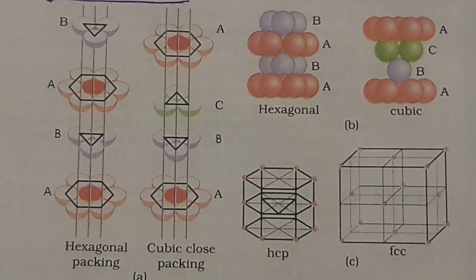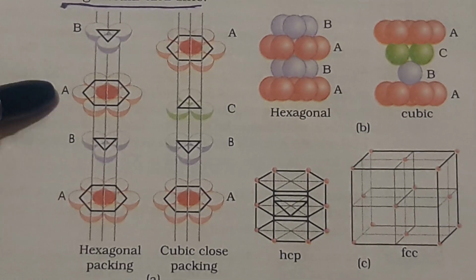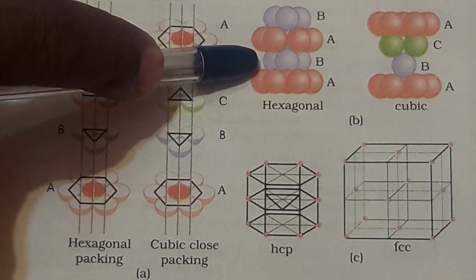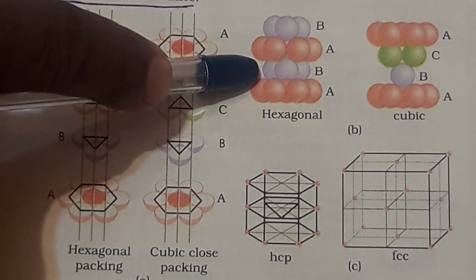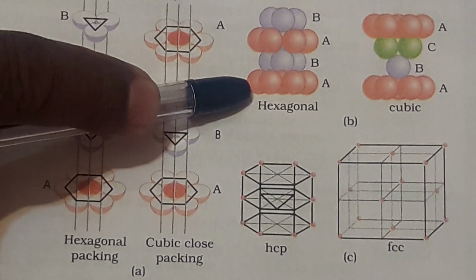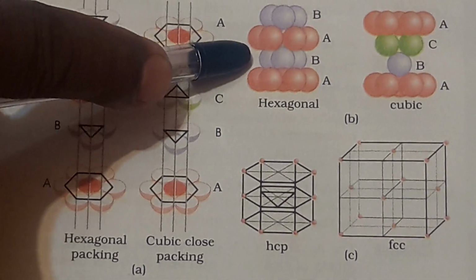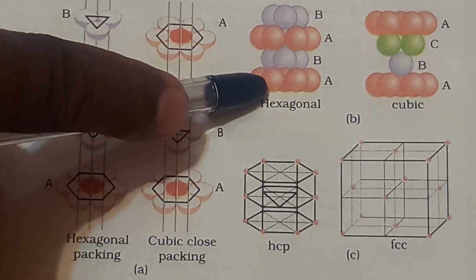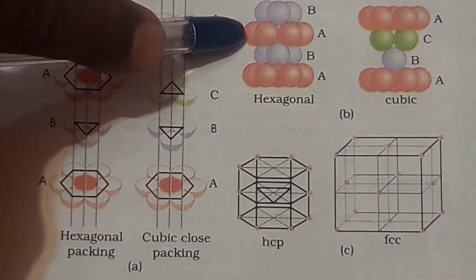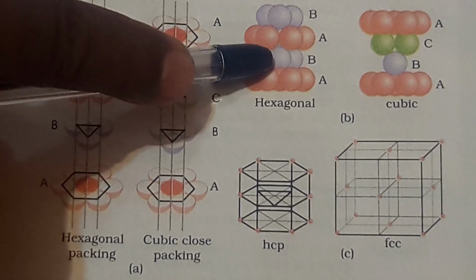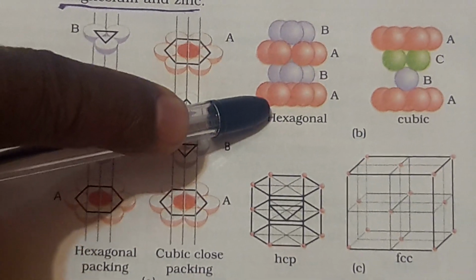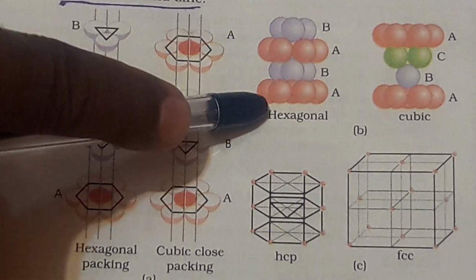So students, see, in case of AB packing, the second layer B is formed. Here this is shown. The tetrahedral voids are occupied while the third layer is formed. First layer, then the second layer formed by putting the points on the depressions of the first layer, and in the third layer formation, the points are put on the depressions of the second layer, which are directly lying on the points of the first layer. This is called HCP packing.